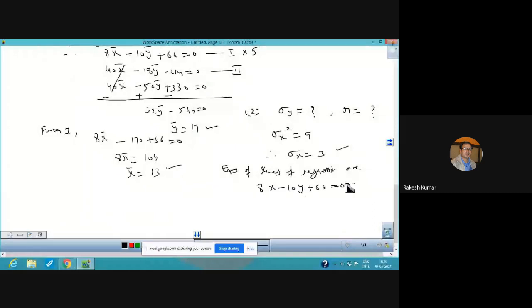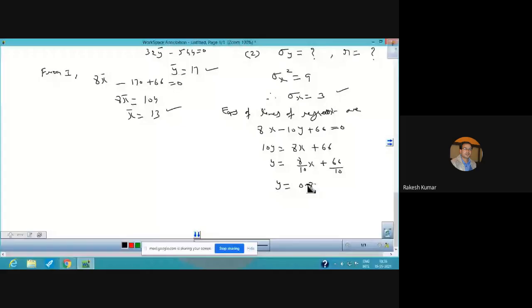So 10y can be taken to the other side, that is 8x plus 66. So y can be written as 8 upon 10 x plus 66 upon 10. So this is your first regression equation, that is y equals 0.8x plus 6.6. So this is the regression equation of y on x.